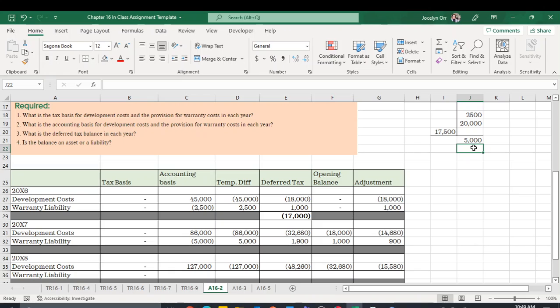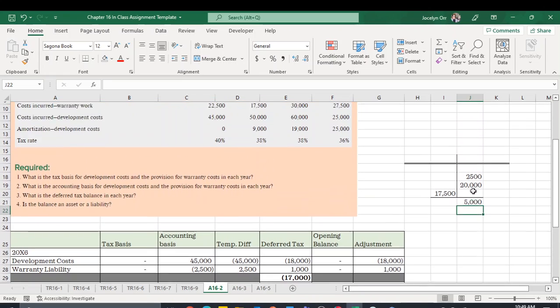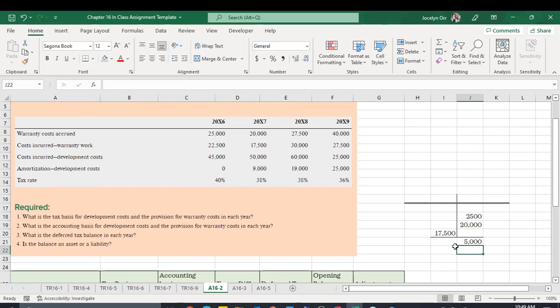Okay. Looking at my warranty, I had a previous credit balance of $5,000. We accrued another $27,500. 30,000 of that was incurred and therefore moved from the liability account.